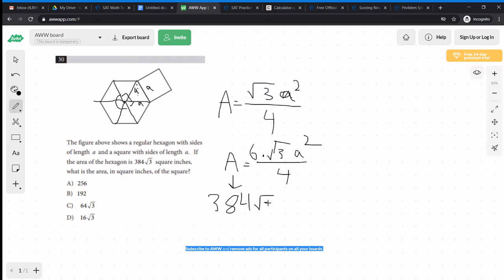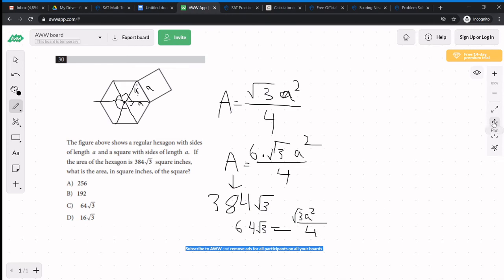So first thing we're going to do, we're going to divide this by 6. And we get 64 square root of 3 equals square root of 3 a squared over 4.